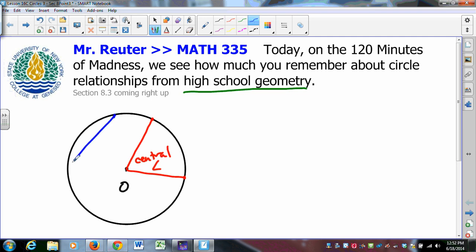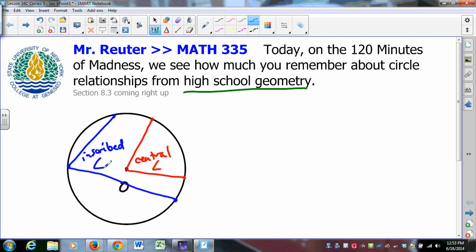An angle formed by two chords that meet on the circle, two chords crossing on the circle, is called an inscribed angle.